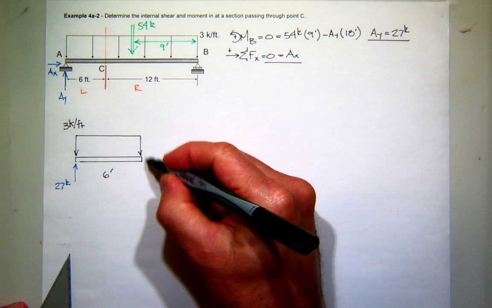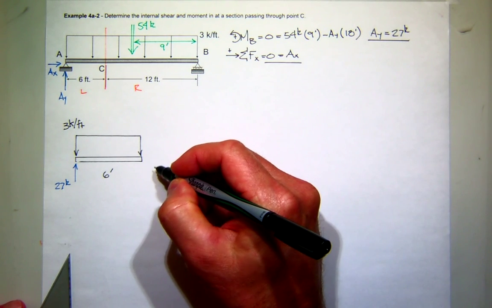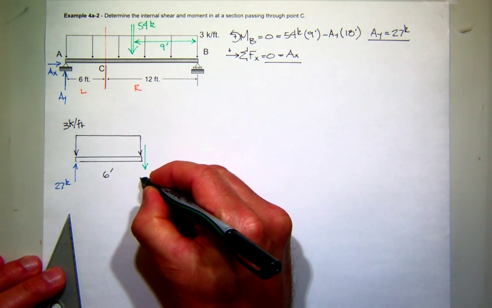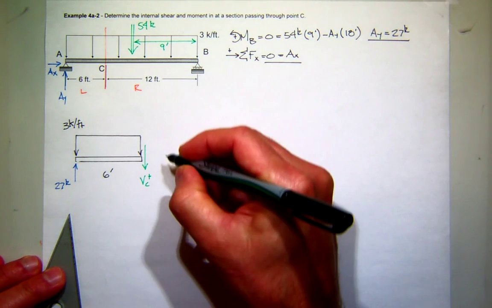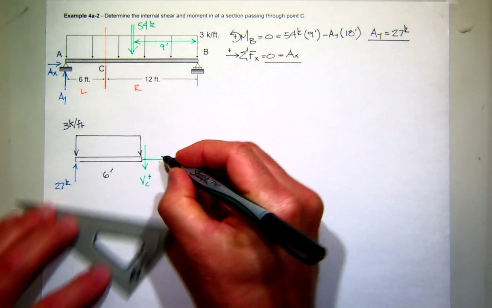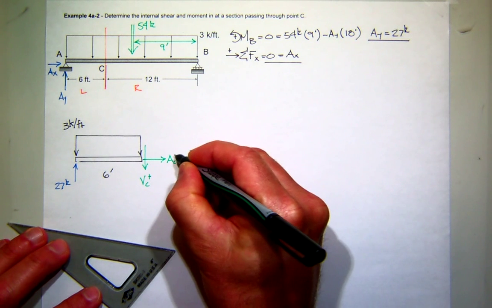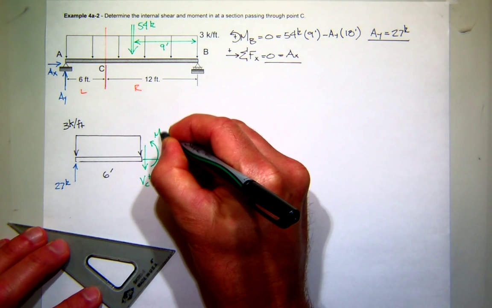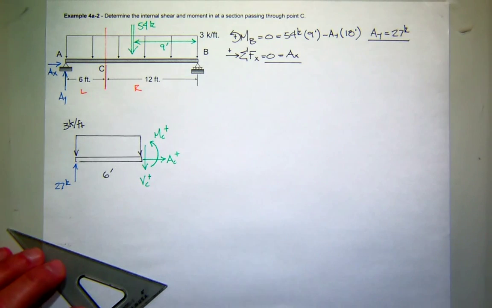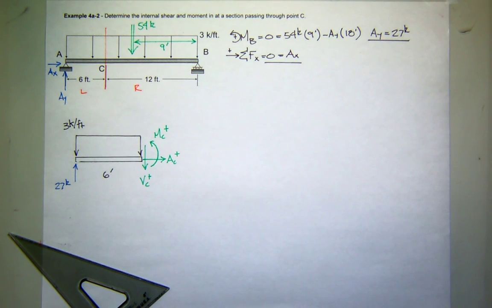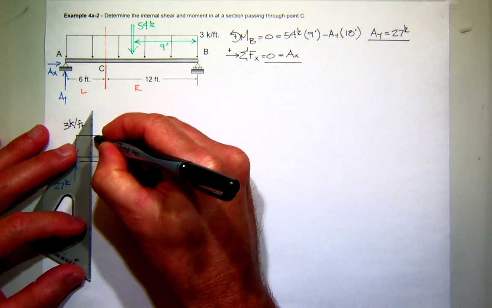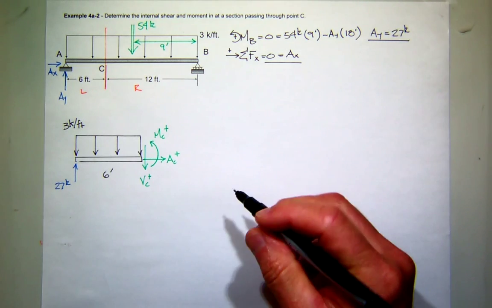Then I'm going to look at this face and assume positive shear force, which is down. So this would be the shear at C. Positive axial force and positive bending moment. Everybody see that? So there's my free body diagram.